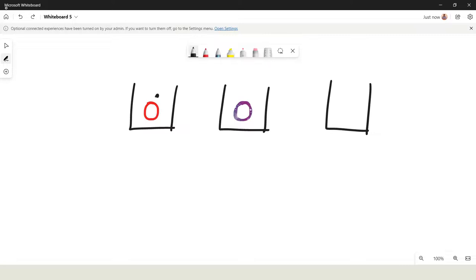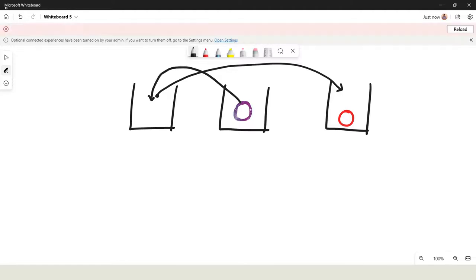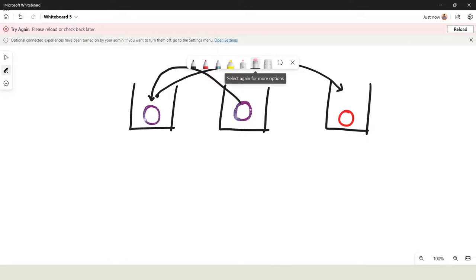You will move this red ball to this box, right? And this box becomes empty. Then you move this color ball to this box, and this box becomes empty.